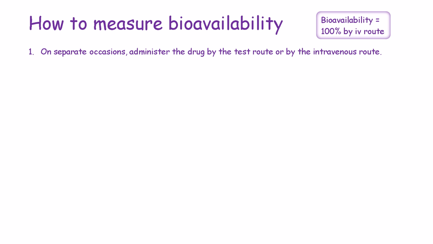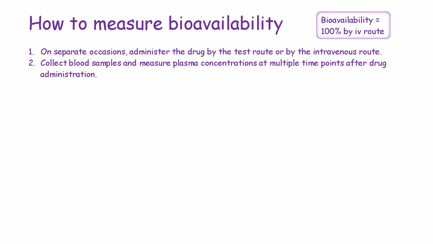To measure bioavailability, volunteers are given a fixed dose of the drug by the test route or by the intravenous route. In our example, the test route is oral. Blood samples are collected at multiple time points after drug administration, and the plasma concentration of the drug in each sample measured.